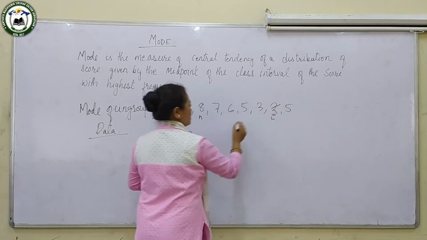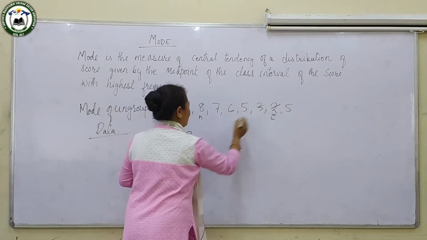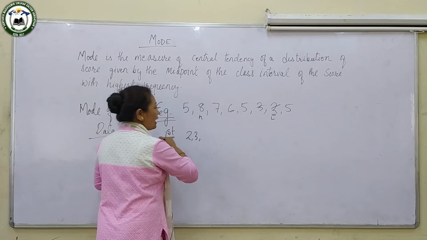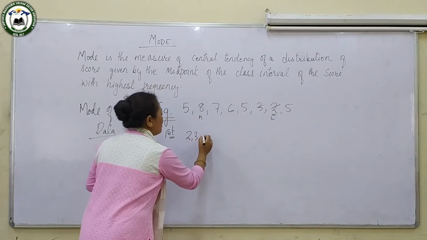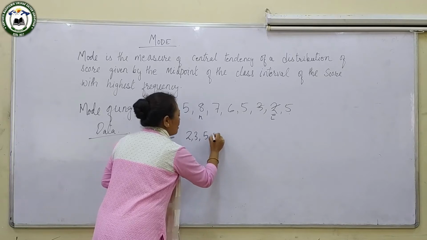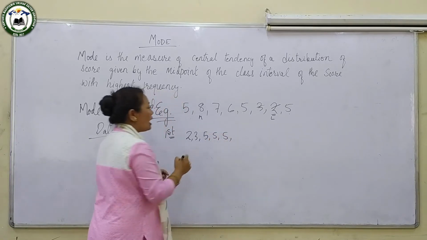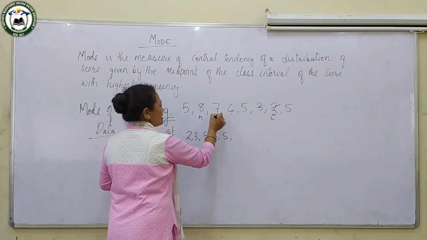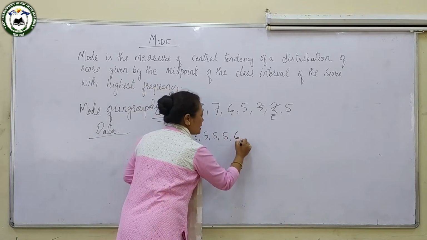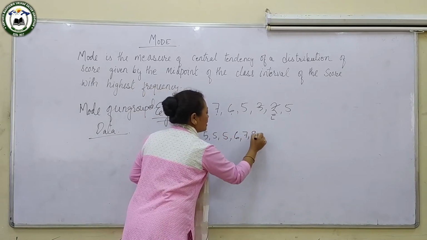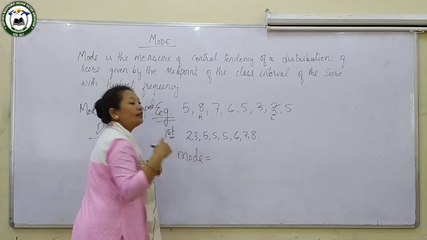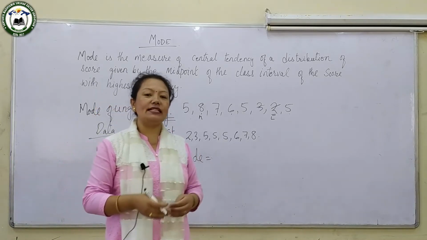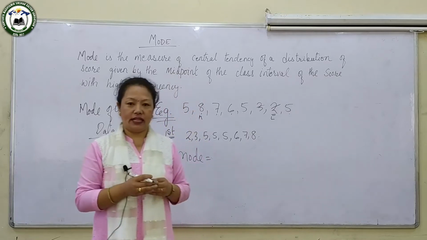So 2, cut it. Next we have 3. Likewise we have 5, 5, 5. After that we have 6, 7 and 8. The mode is that number which is frequently repeated.